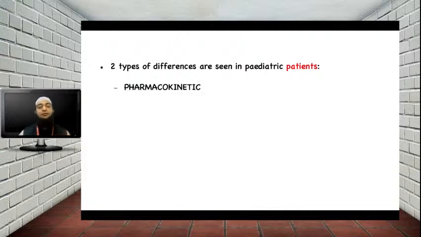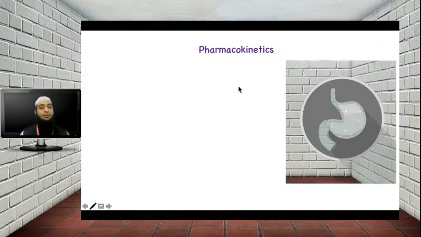In pharmacokinetics, there are four important parameters that we are going to study, which are called ADME, that is absorption, distribution, metabolism and excretion of the drug. So this also changes in pediatric patients. Likewise, you may also see the pharmacodynamic difference in pediatric patients. Step by step we'll see how all these parameters change in the case of pediatric patients.